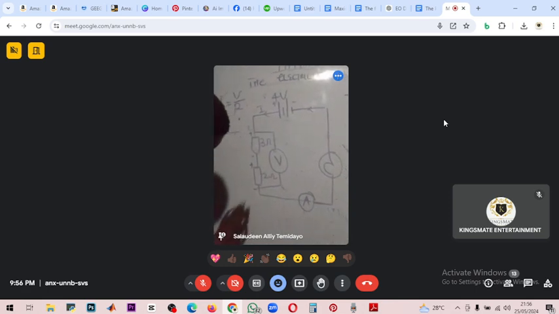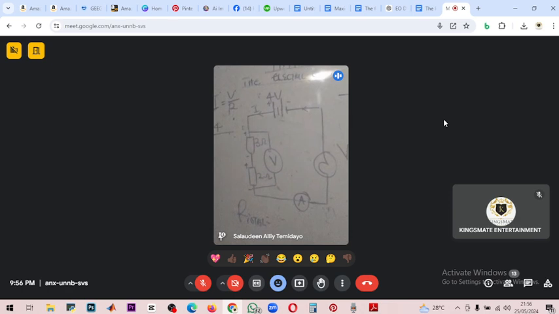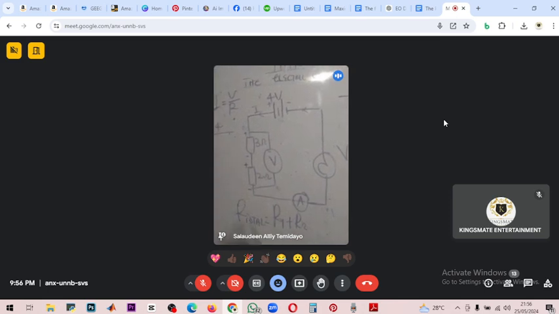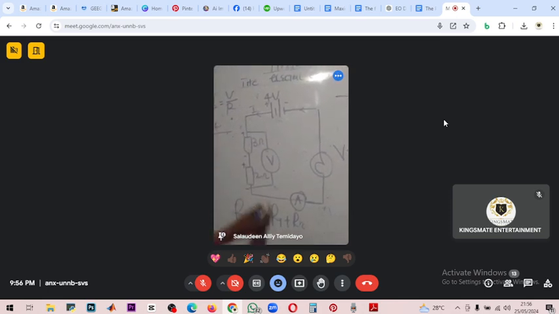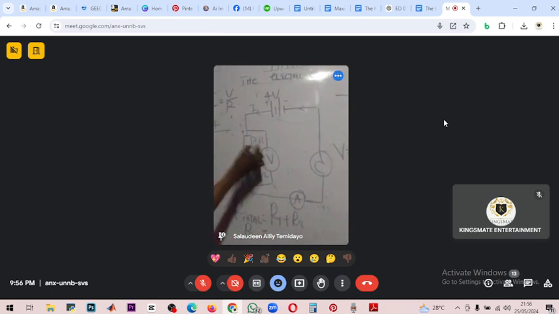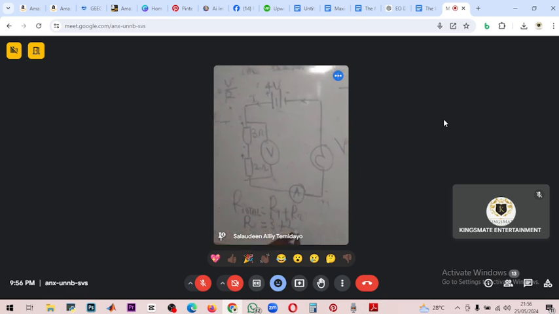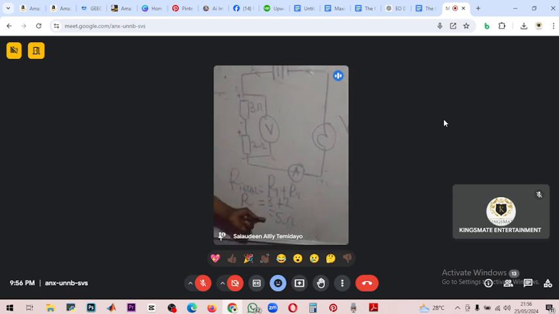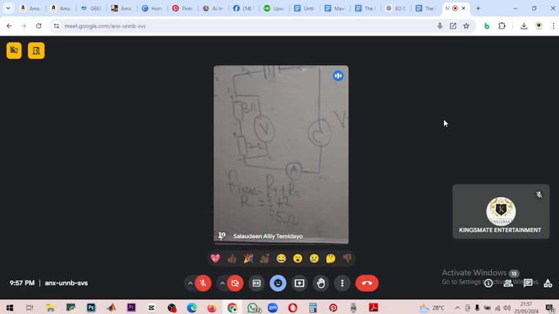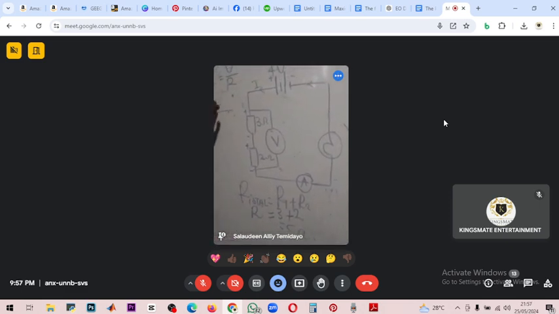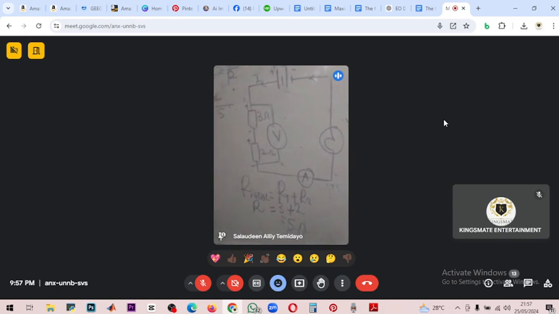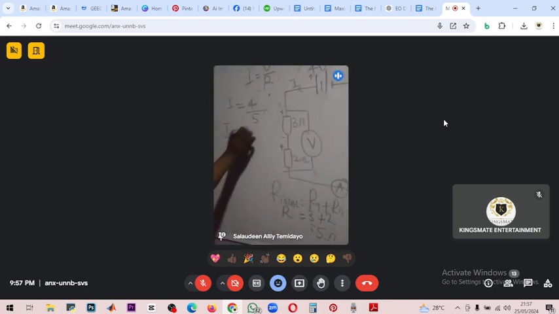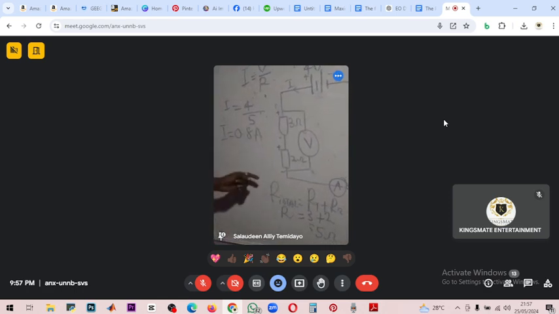For a series connection, R total, the combined resistance, is R1 plus R2, plus R3 plus R4 if there are more. So R total is R1, 3, plus R2, 2. That is 5 ohms. That is why we're adding them this way. If they were connected in parallel, everything would be in reciprocal form, and we'll do that too. 4 over 5 is our electric current, so the current flowing through this circuit is 0.8 ampere.